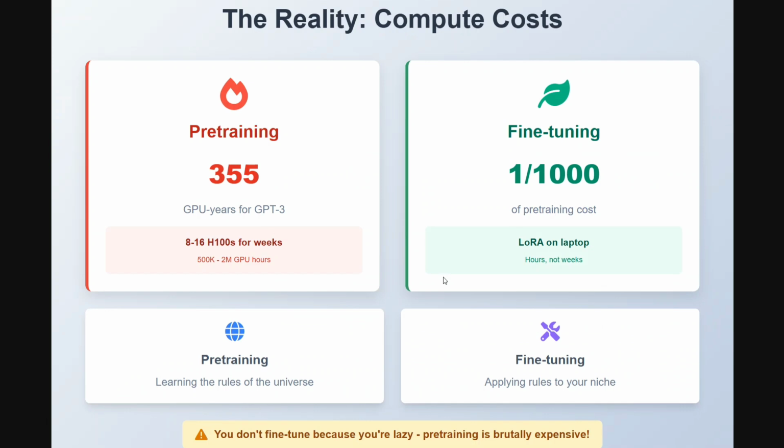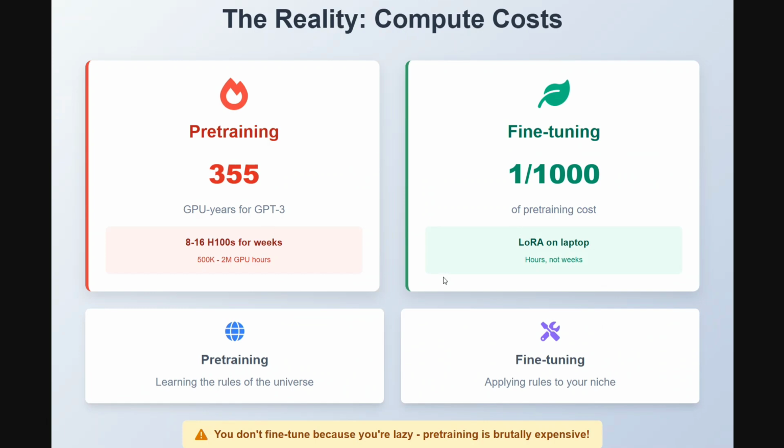Now talking about reality, the compute cost of pre-training any language model. To give you an idea of how heavy pre-training is, pre-training GPT-3 cost about 355 GPU years. It is this heavy a task, right?